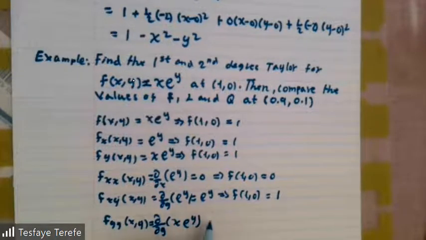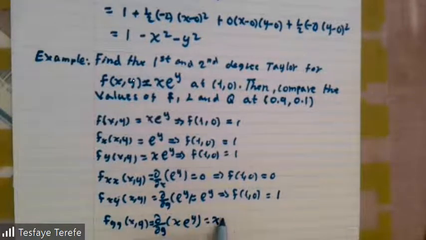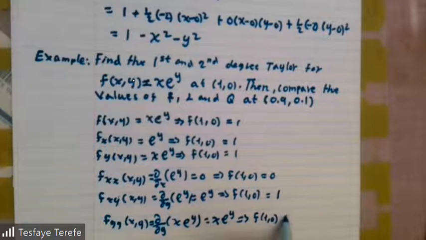Well, x is constant, that's the coefficient. The derivative of e raised to y is e raised to y. So this function at (1, 0) obviously will be 1.